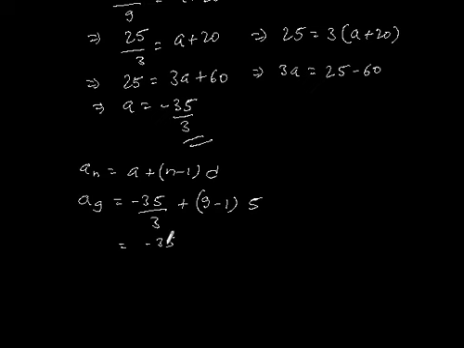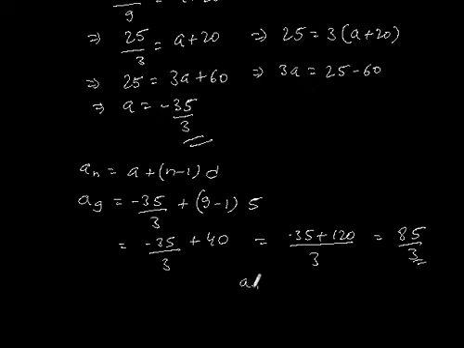This gives minus 35 by 3 plus 8 into 5 is 40, which is equal to minus 35 plus 120, which is equal to 85 by 3. So A9 is equal to 85 by 3 and A is minus 35 by 3.